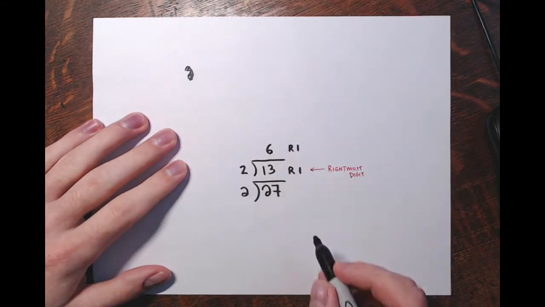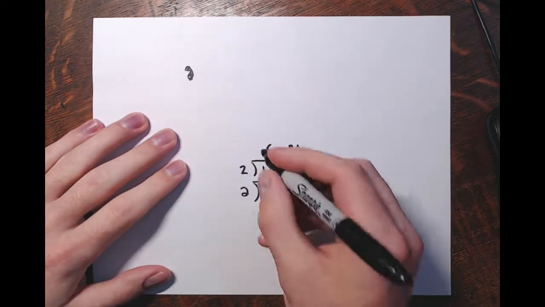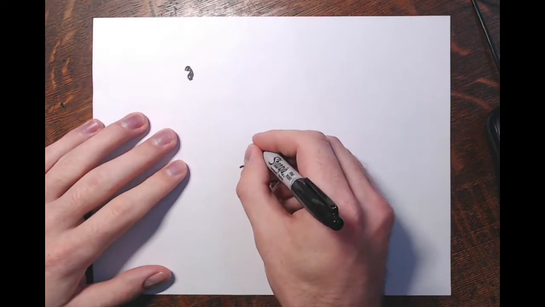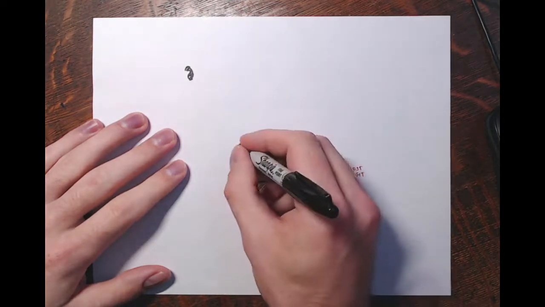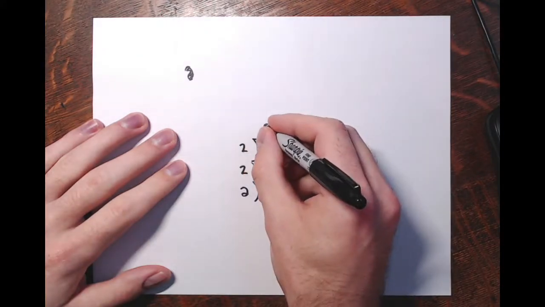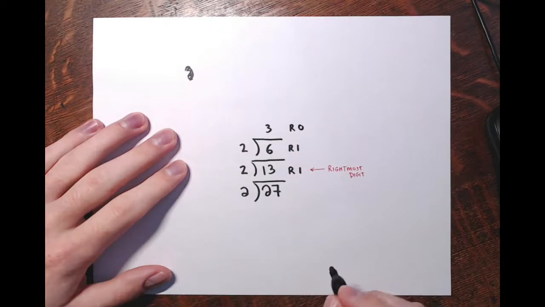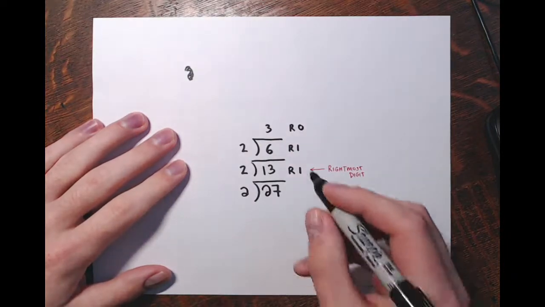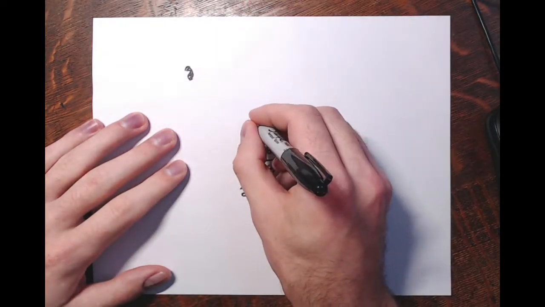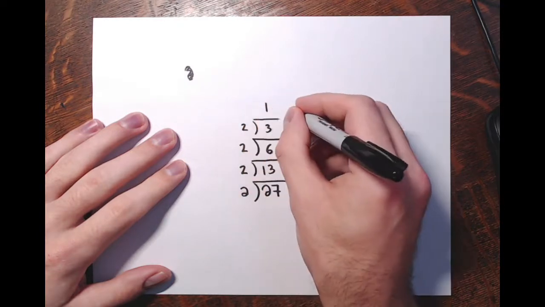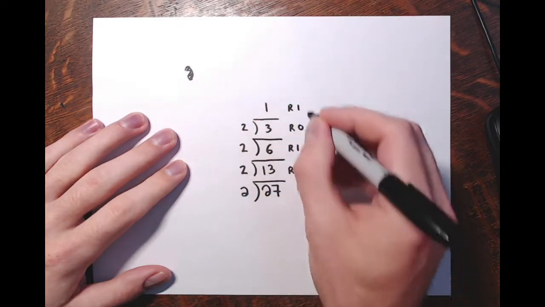So 1 will be the next digit in the binary representation. Then I divide 6 by 2. Quotient's 3 with a remainder of 0, right, because 2 goes into 6 evenly. Then divide 3 by 2. 2 goes into 3 once with a remainder of 1.